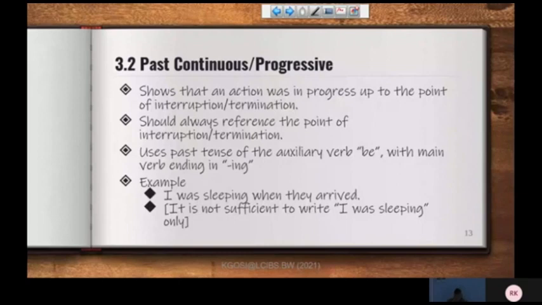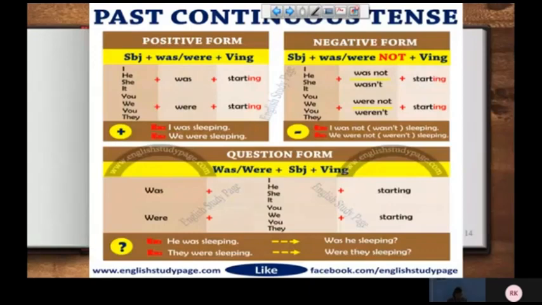Okay, so having said that, we can look at a few examples. We see here that the examples given do not have the rest of the sentence. This is just in spoken form.